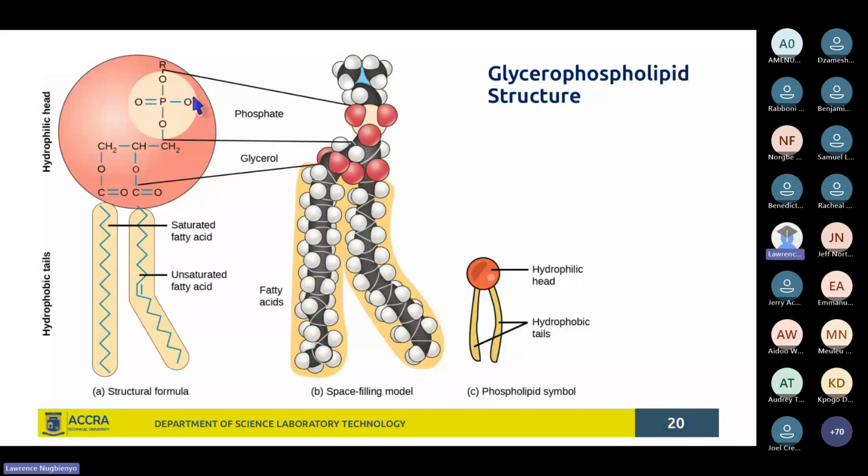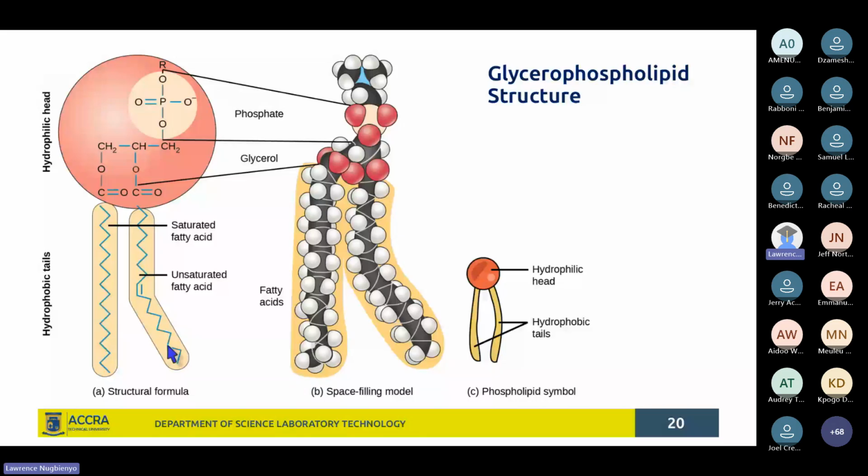So you have this phosphate group which is charged, and you have these fatty acid side chains. You have these fatty acids bonded on the two carbons there.